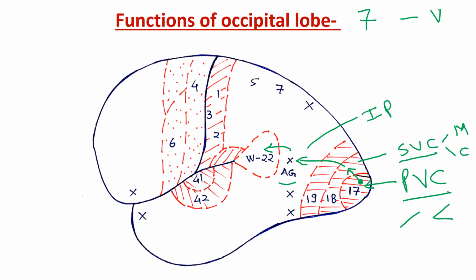Although Wernicke's area we keep in temporal lobe, final comprehension of visual information happens in Wernicke's area, but before that it should be initially processed by angular gyrus. So initial comprehension, area number 17. Further level of comprehension, area number 18. Initial processing, angular gyrus, and then final comprehension, Wernicke's area.